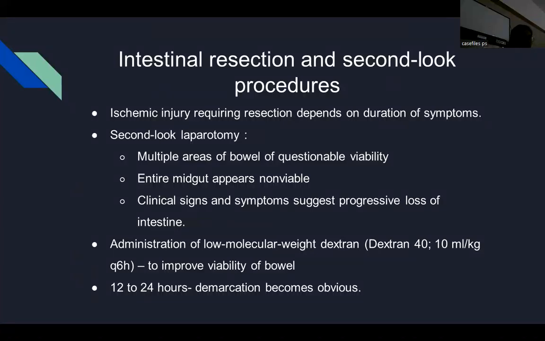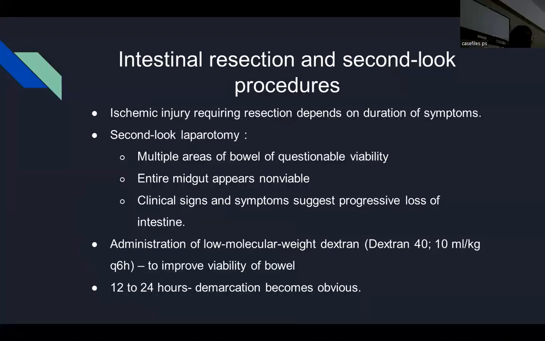If the length of the ischemia is more, which can lead to short bowel syndrome, a second look laparotomy has to be considered, especially if there are multiple areas of bowel with questionable viability, or if the entire midgut appears non-viable, or if there are clinical signs and symptoms suggestive of progressive loss of the intestine, where resection and anastomosis cannot be performed.